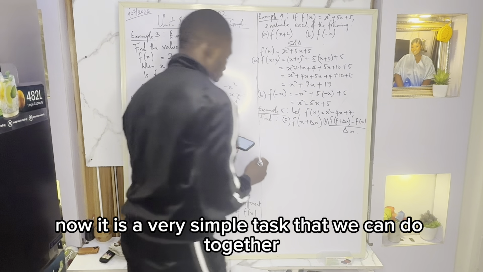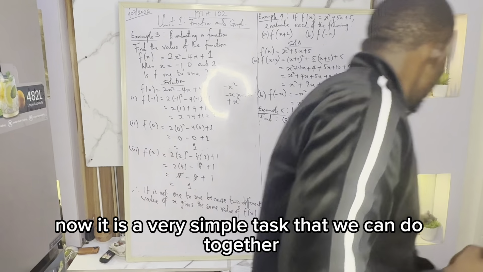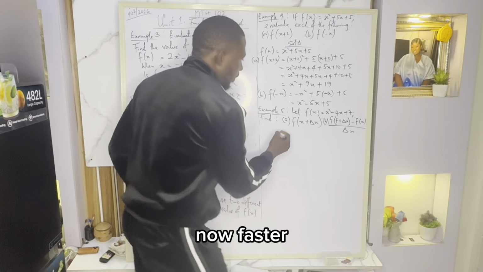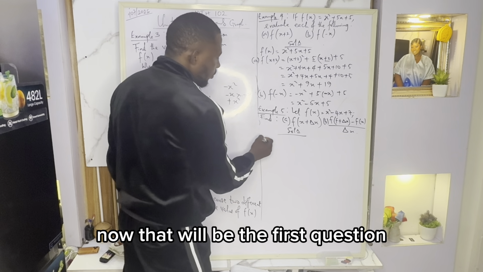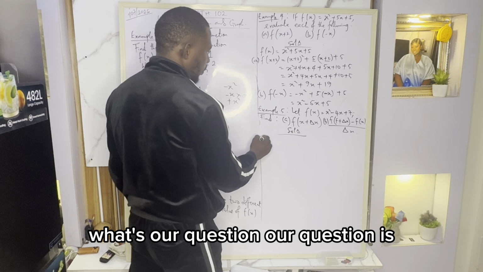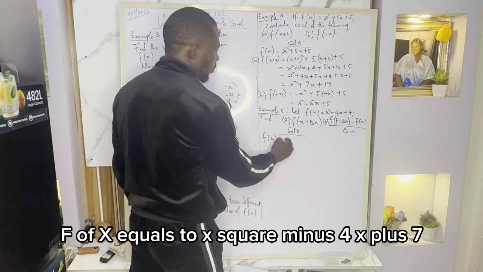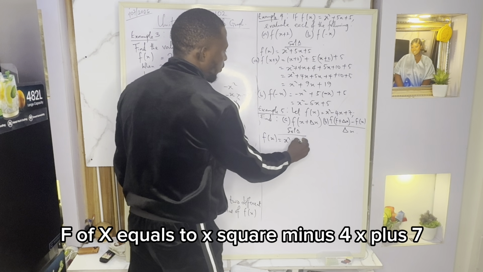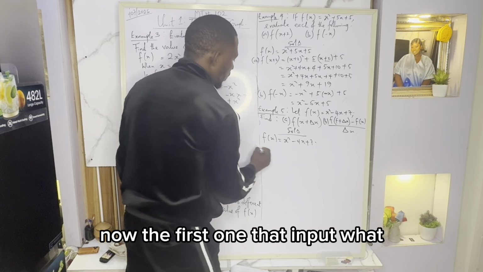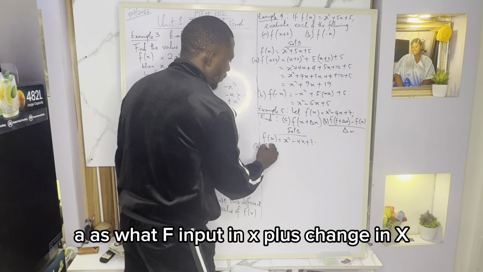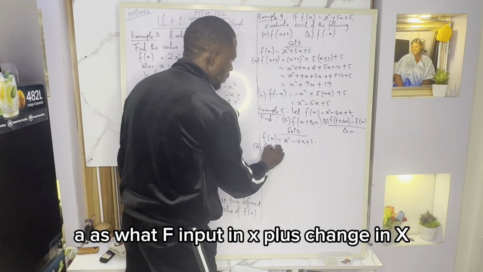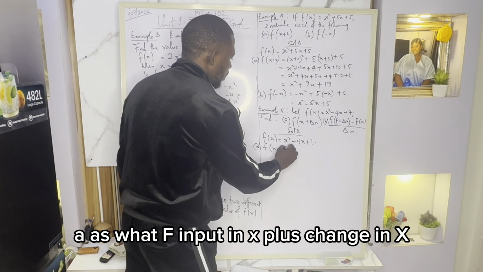It is a very simple task that we can do together. Let's write the solution. Our question is f of x equals x squared minus 4x plus 7. For the first one, we have to input f of x plus change in x.